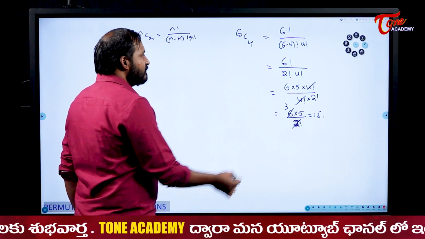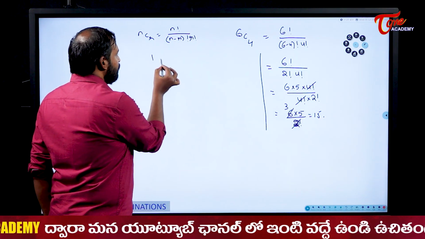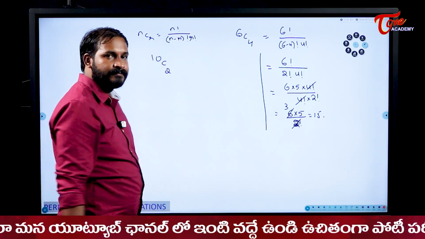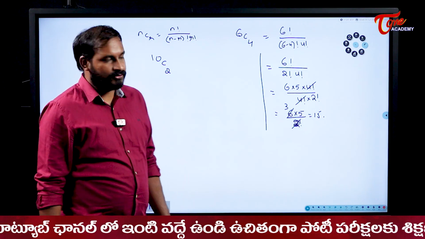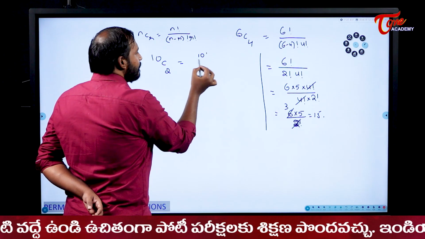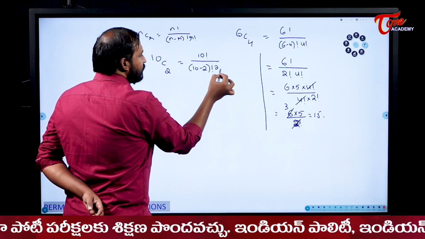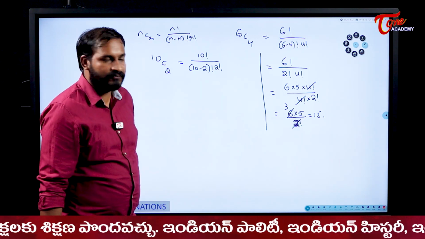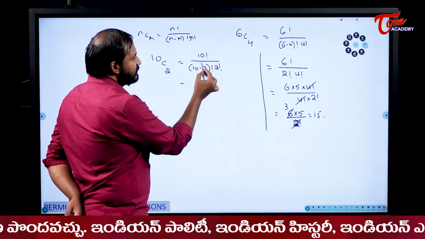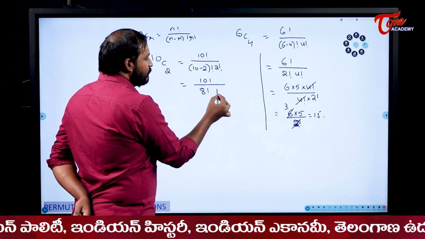Now similarly, the next one. For example, if it is 10C2, what happens? 10 factorial by 10 minus 2 factorial into 2 factorial, which is 10 factorial by 8 factorial into 2 factorial.